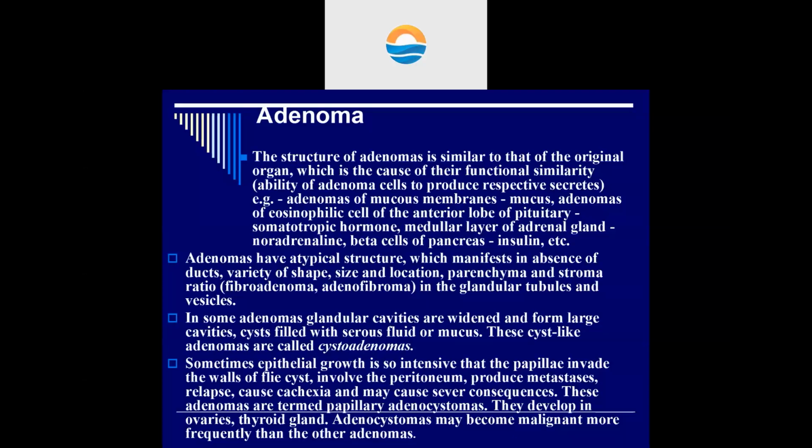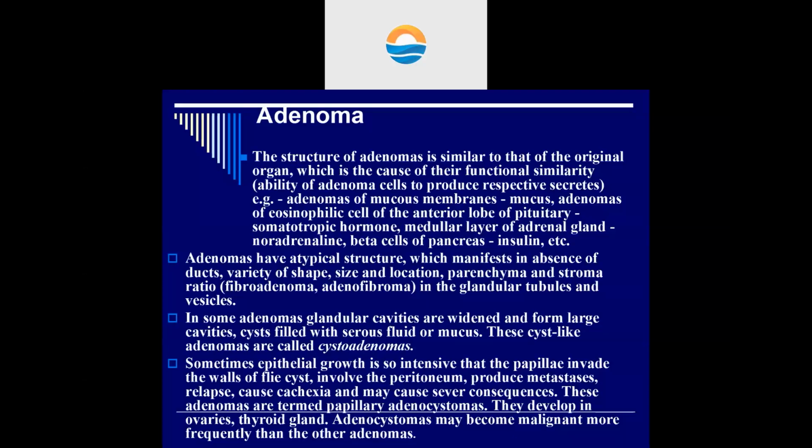We see variation in glandular tubules and vesicles. In some adenomas, glandular cavities are widened and form large cavities. Also, we see cysts filled with serous fluid or mucus. These cyst-like adenomas are called cystadenomas.